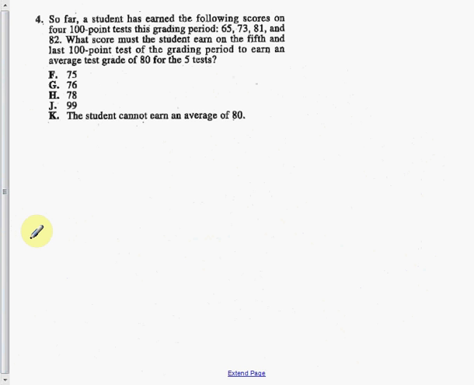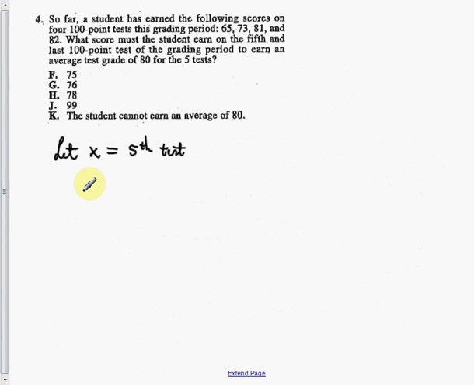Divide by what? But you have another test out there that you don't know. So let's do this. Let X represent the 5th test. Okay.